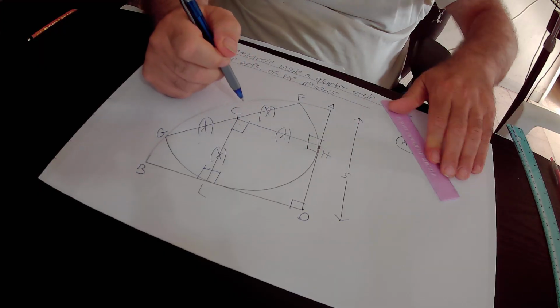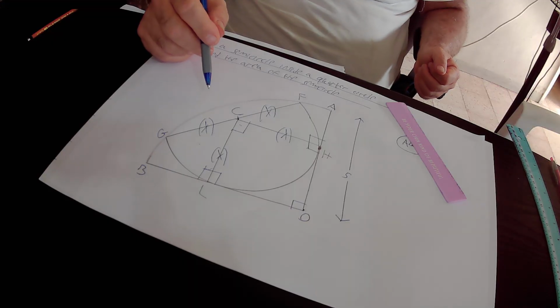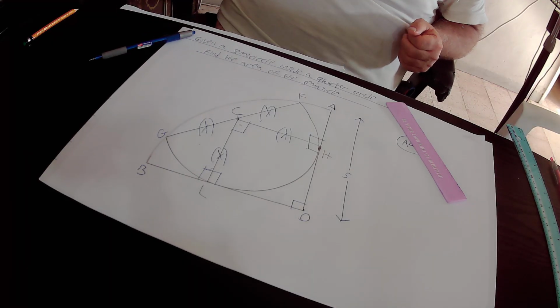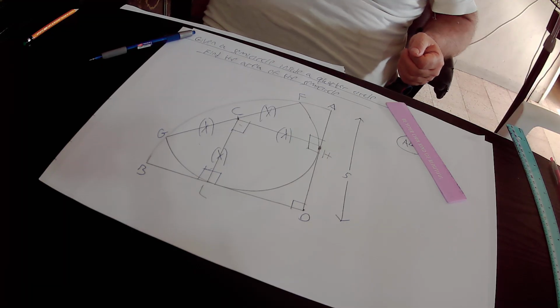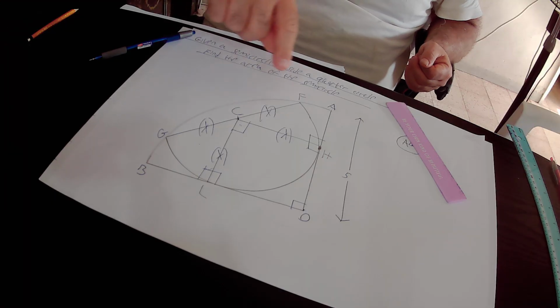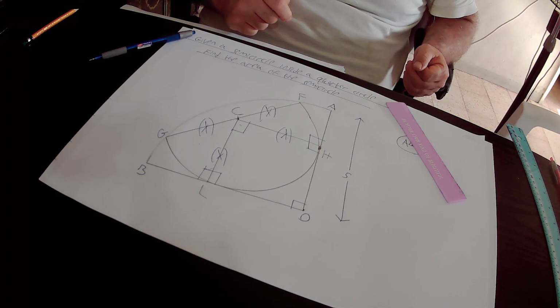So inside quadrangle CHOL, we have 4 right angles. According to rule 5, any quadrangle that has 4 right angles must be a rectangle. So we relate to quadrangle CHOL as a rectangle because it has 4 right angles.